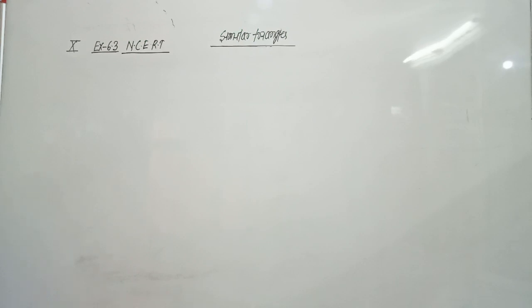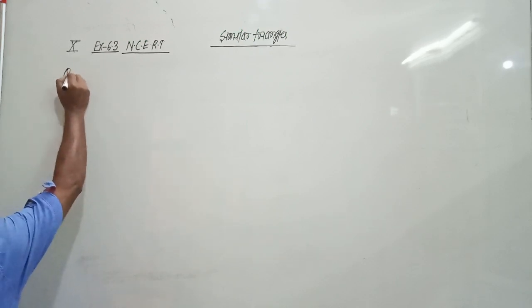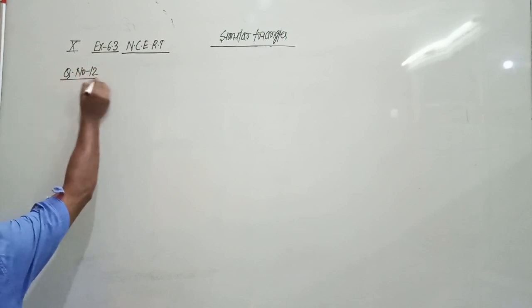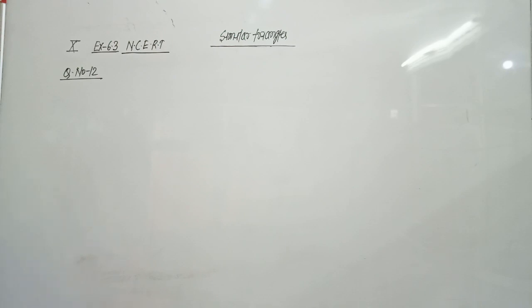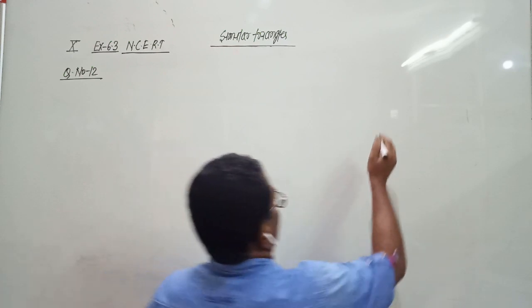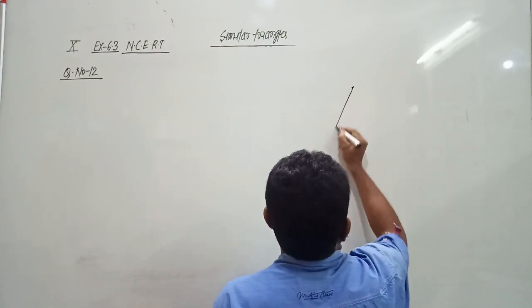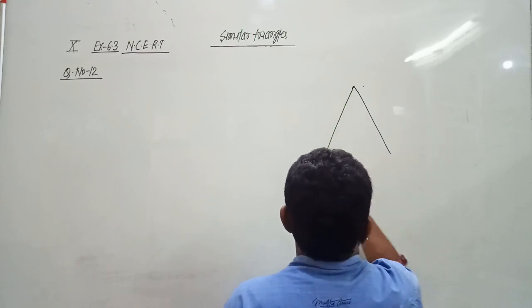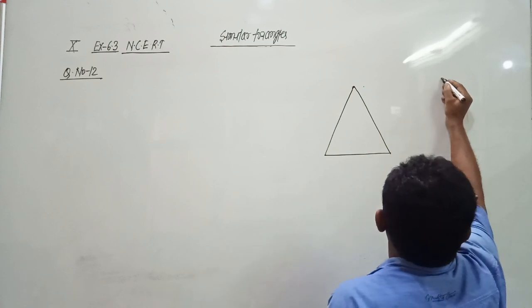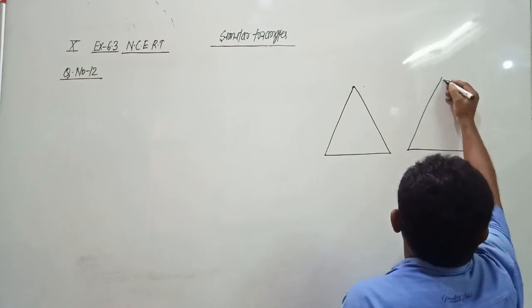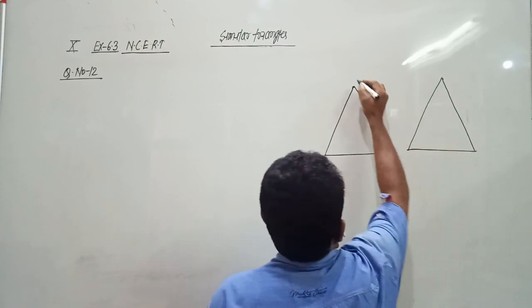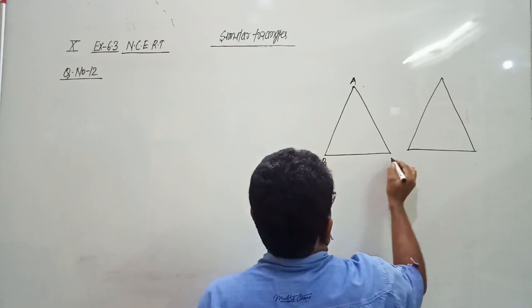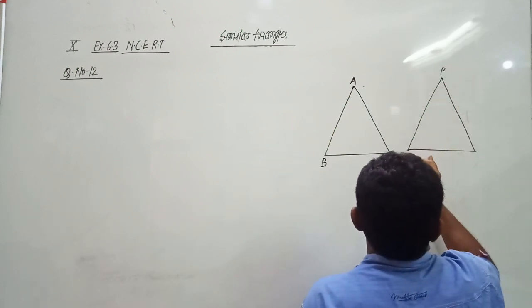Question number 12. Sides AB and BC and median AD of a triangle ABC are respectively proportional to sides PQ, QR and median PM of triangle PQR.